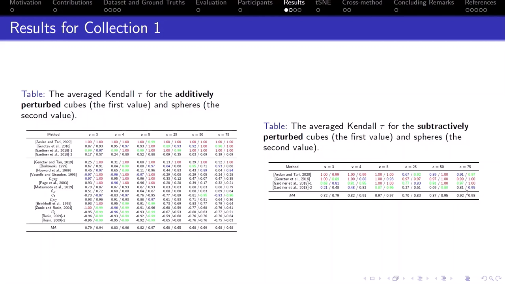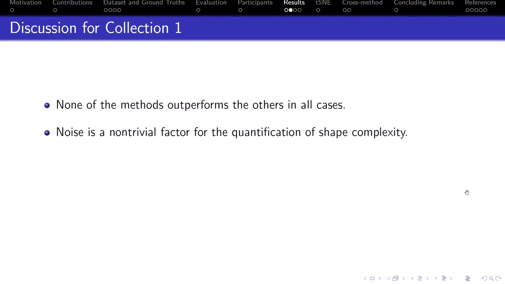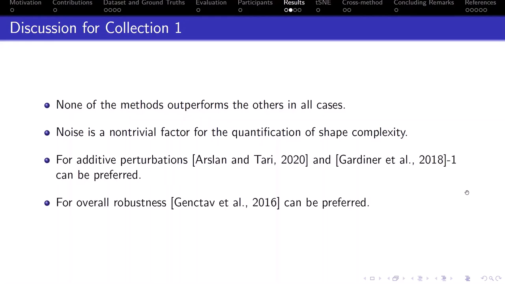The results are discussed in much more detail in the paper, but our main takeaways from this collection are that none of the methods outperforms the others in all cases, and that noise is a non-trivial factor for the quantification of shape complexity. If we are to make any suggestions, we might suggest for additive perturbations Arslan and Tari's method and Gardiner et al.'s method, and for overall robustness Genchtau et al.'s method can be preferred.